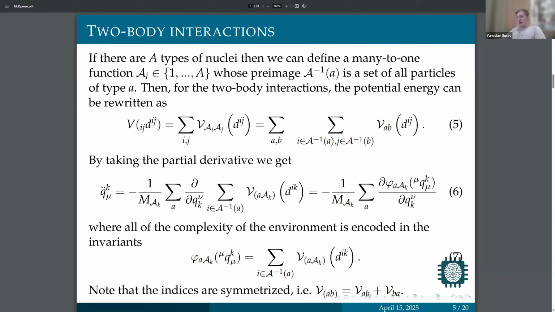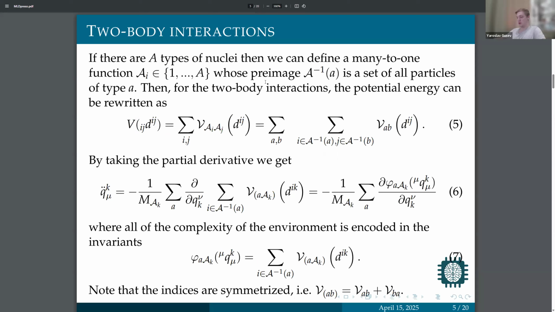Okay. Here we consider a particular example of how the potential energy can look. So in the case of two-body interactions, now we consider different types of particles. For example, in a water system, you have two types of atoms, hydrogen and oxygen.